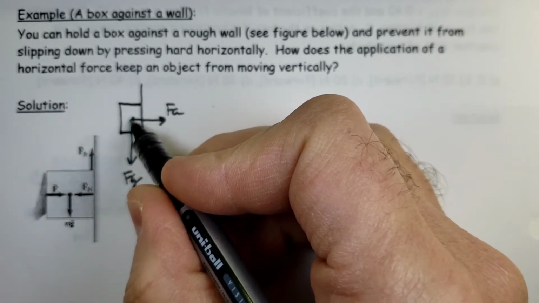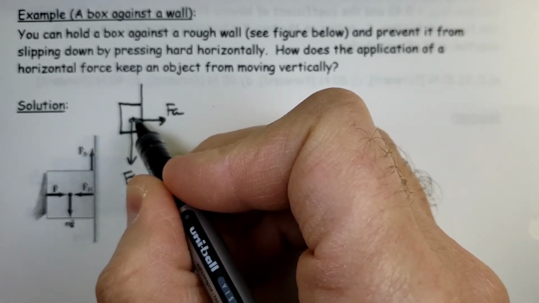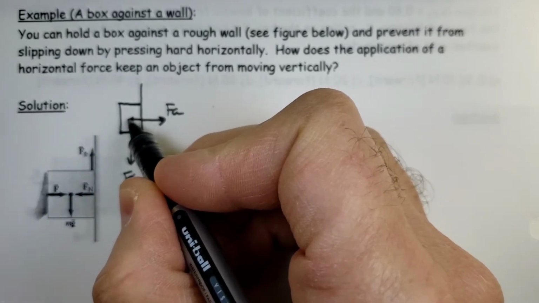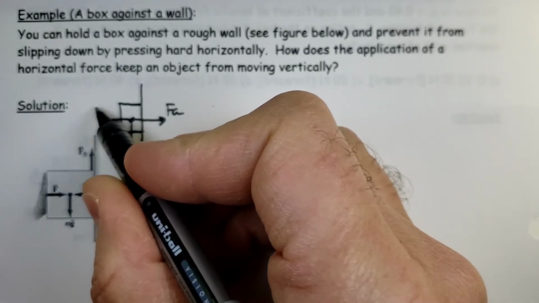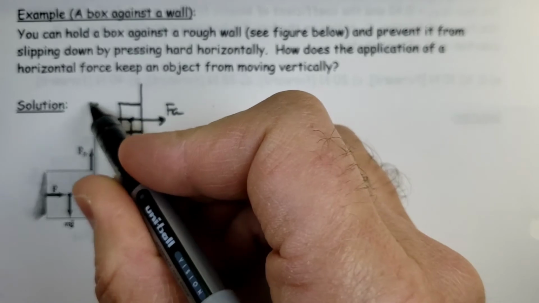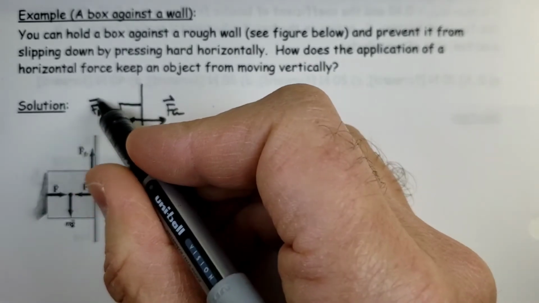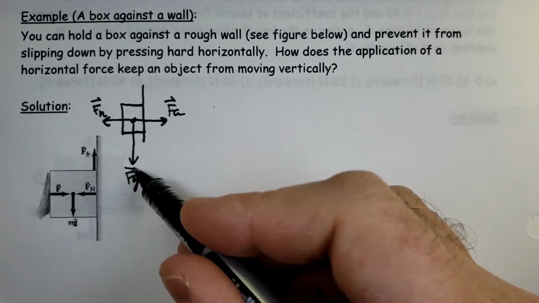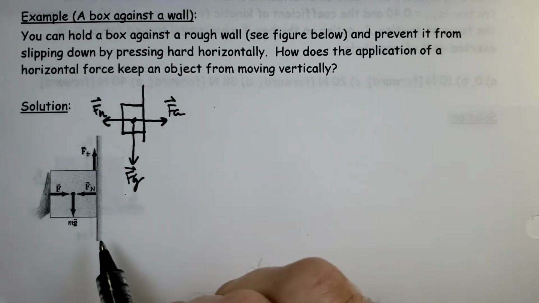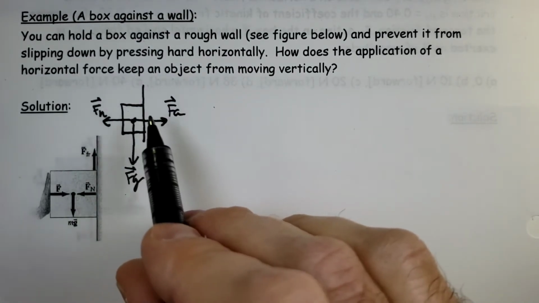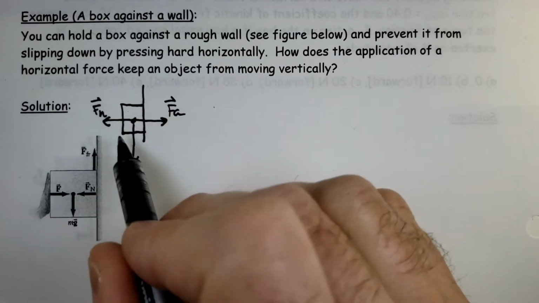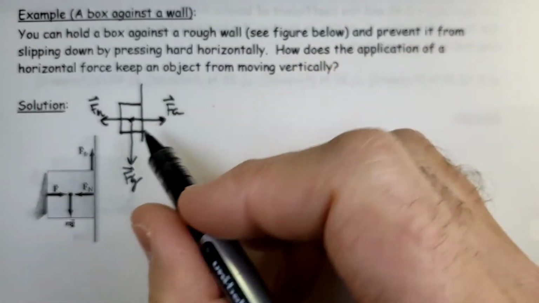And F normal, the force perpendicular to the surface, is actually here. You can think of it as equal and opposite to FA in this case. Usually it's FG, right? But if we're pushing something this way and have our surface vertically, we have that.